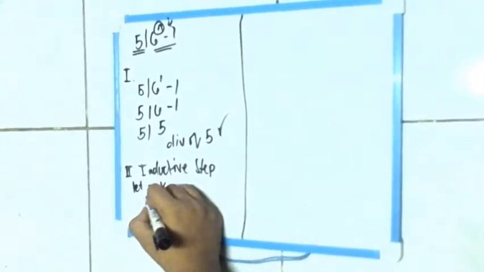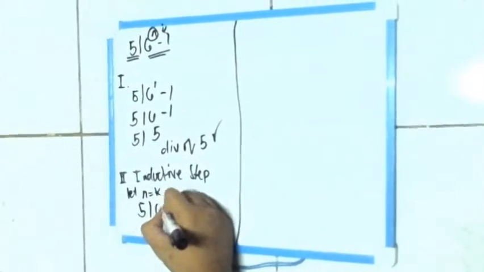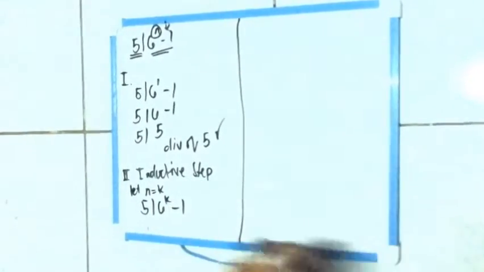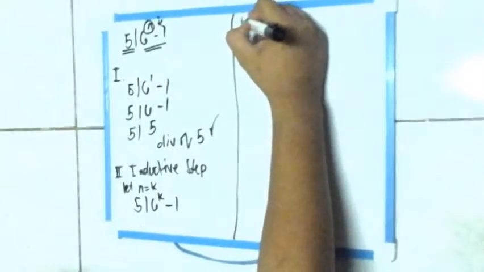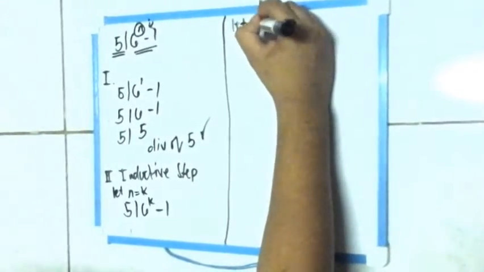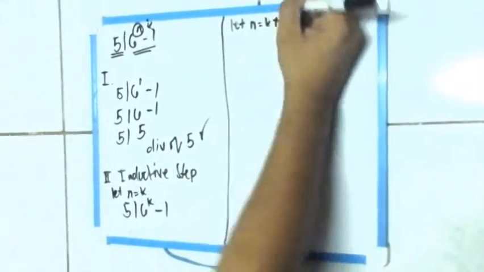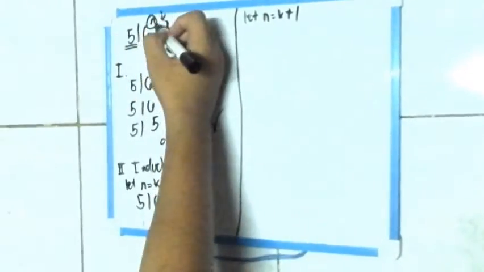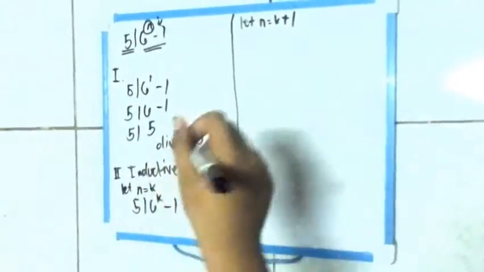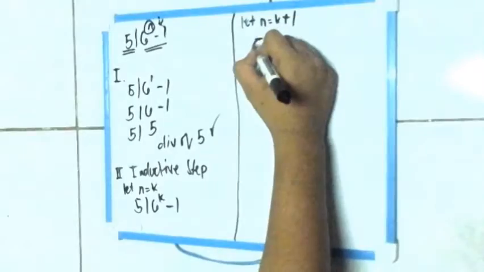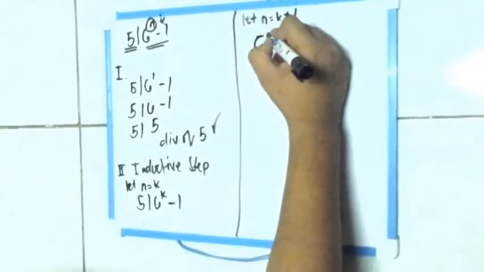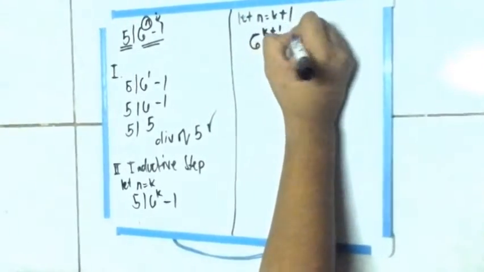So, 5 divisible by 6 raised to k minus 1. Then after that, let n be equal to k plus 1. So all n will be turned into k plus 1. So 6 raised to k plus 1 minus 1.